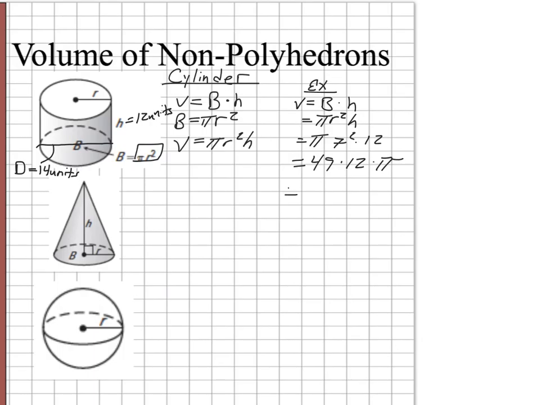So I get an exact answer of 588 pi. So that's in terms of pi. And then I'd multiply that using the pi button on the calculator. And that gives me an approximate value of my volume being 1,847.3.